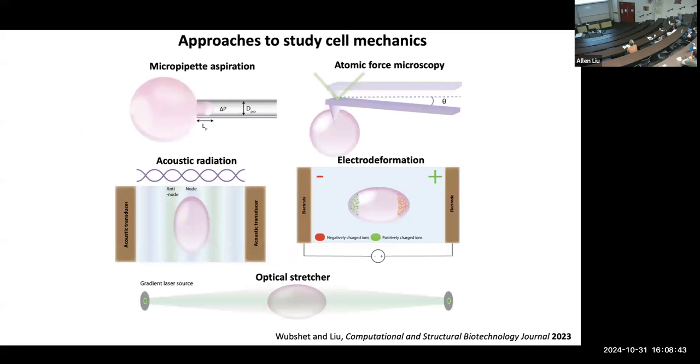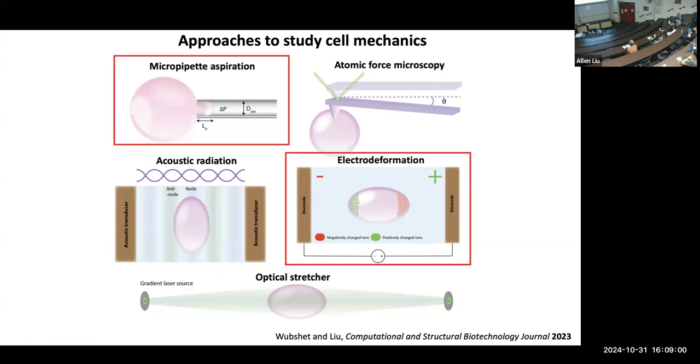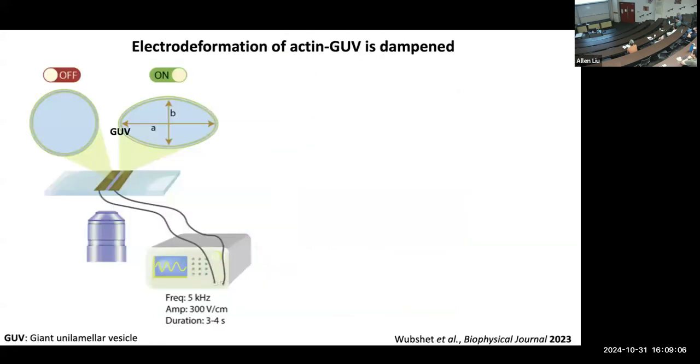Okay. So here, there's a bunch of different techniques one can use to characterize mechanical properties of cells or giant vesicles, including micropipette aspiration, AFM, atomic force microscopy, acoustic radiation, electric deformation, or some type of optical trap setup. In his dissertation, he worked with a couple of these, including pipette aspiration and electric deformation. I'm going to briefly highlight some of his findings.